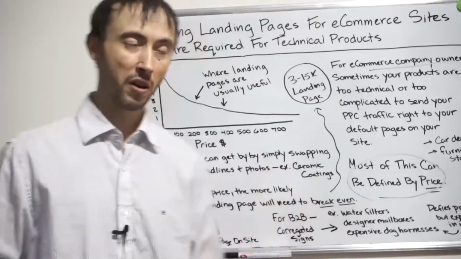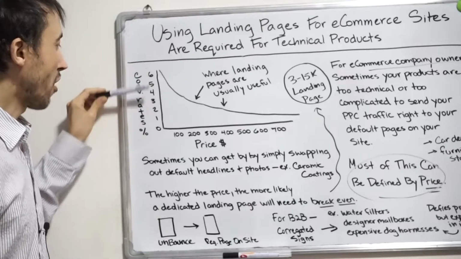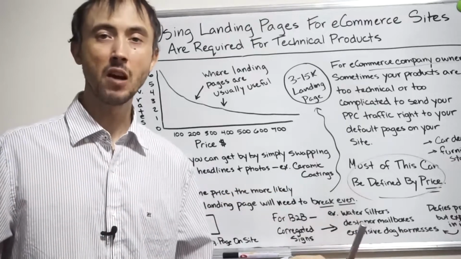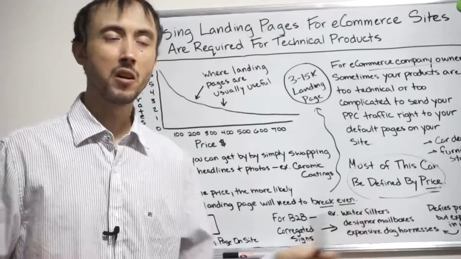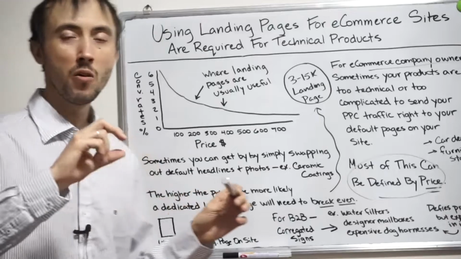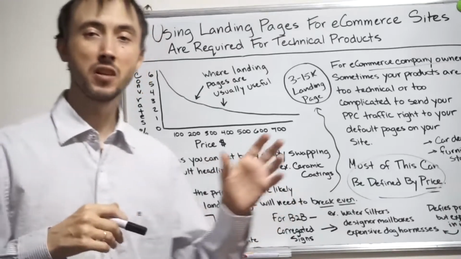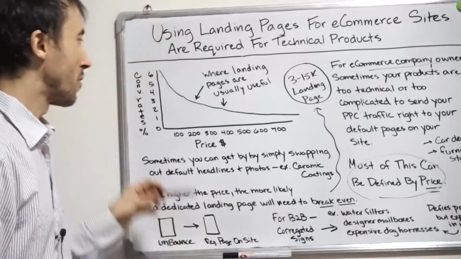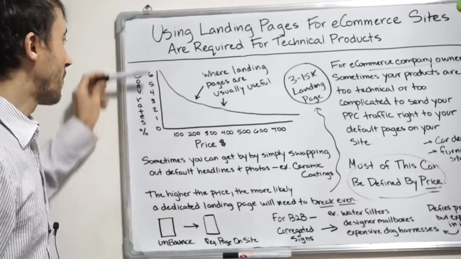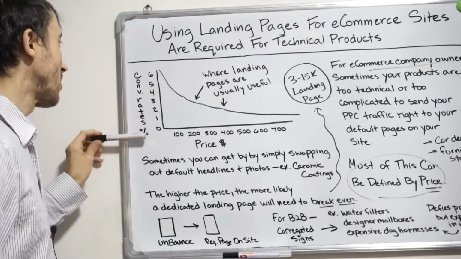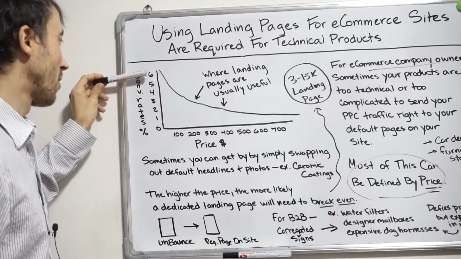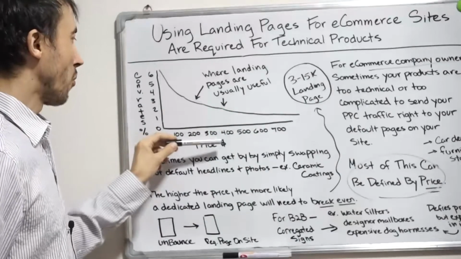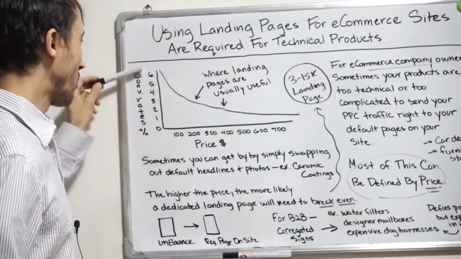Whereas if they're spending 500, they hold on to their money tighter. They expect more. I have this chart listed here just to see what that looks like, and I've worked on hundreds of accounts. I've audited hundreds and hundreds more to see what the relationship between conversion rates and the price of the product you're selling is, to give you an idea of what this is like. On the x-axis here, I have conversion rates 0 to 6% in terms of click to purchase, and, I might have got that backwards, that was the y-axis.